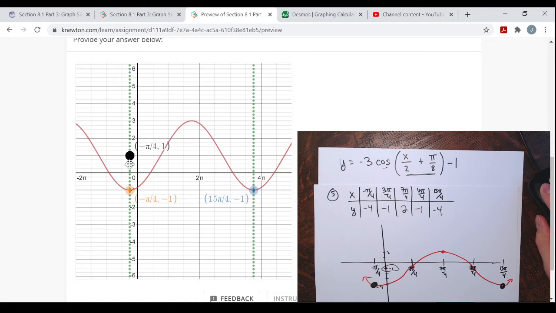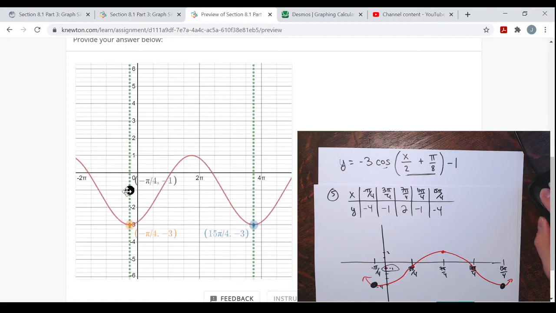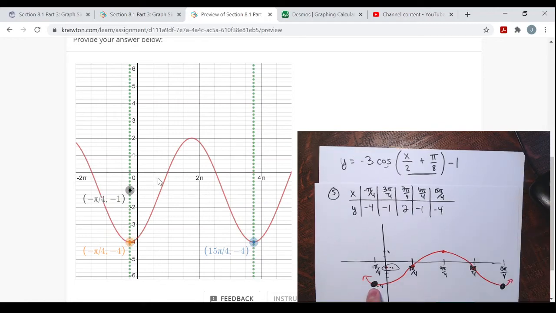And then negative 1. There. And move this dot up a bit, or move it down. It needs to be at negative pi over 4, negative 4. Right? That's where my start of the cycle is. Negative pi over 4, negative 4. All right, and then the other one needs to be at 15 pi over 4, negative 4, and it is.